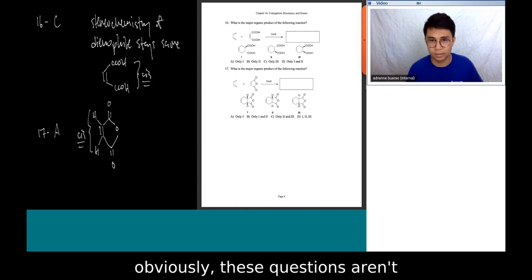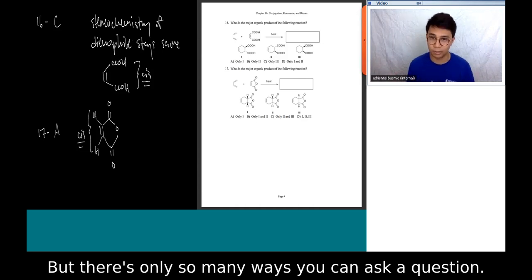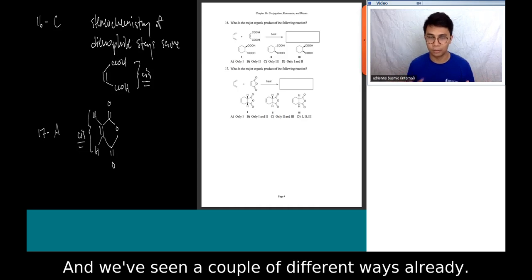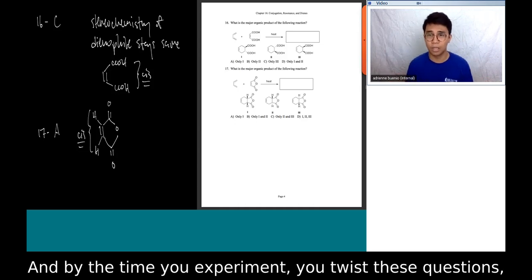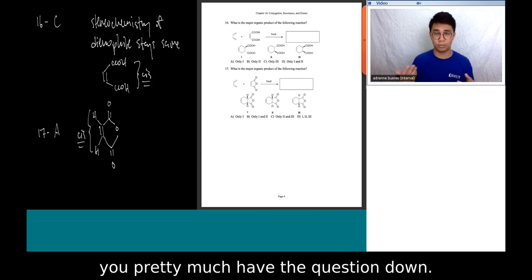I mean, obviously these questions aren't going to be exactly what's on your test, but there's only so many ways you can ask a question, and we've seen a couple different ways already, and you can even add a couple more, and by the time you experiment, you kind of twist these questions, you pretty much have the question down. You expect the question.